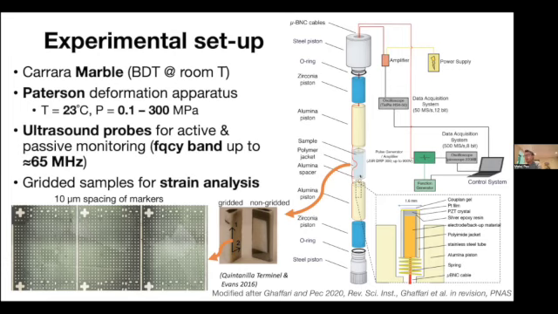And we also use, in some cases, these gridded samples for strain analysis, where we take a sample, split it in 2, and put markers on it, which are spaced every 10 microns, so that we can then also analyze what happened to the rock during the deformation, correlated with the acoustic signals that we recorded.